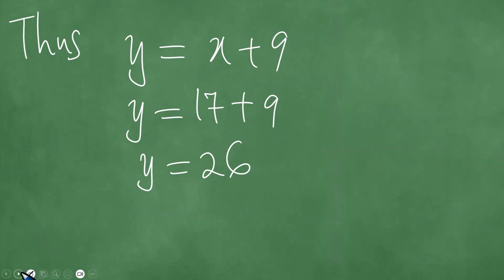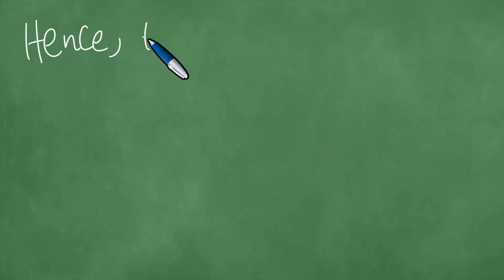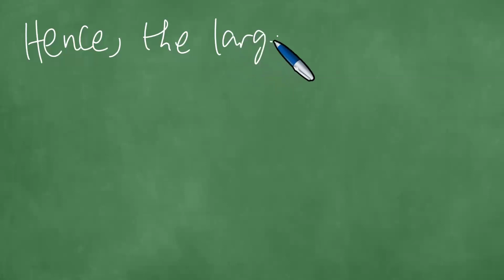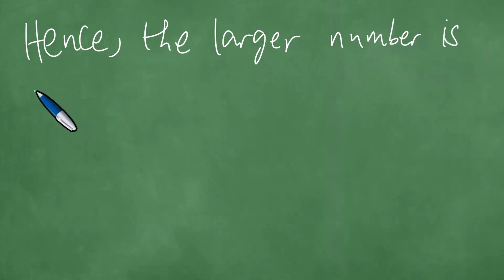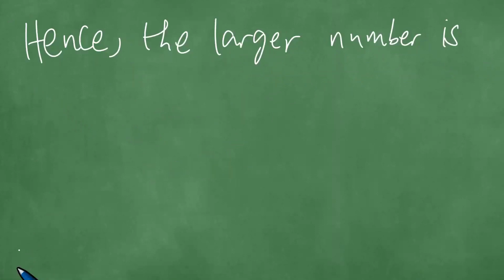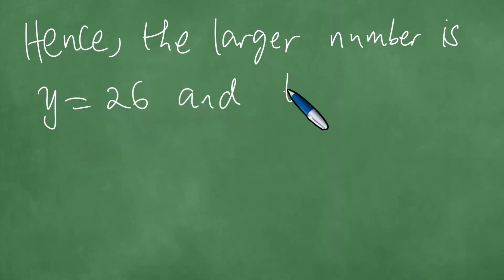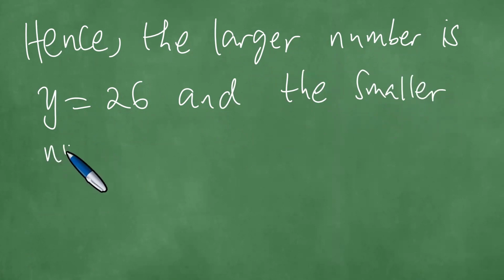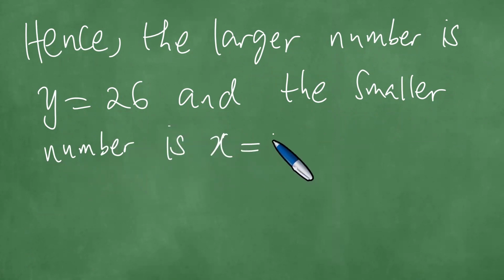Now that we have solved this question as we have done, hence the larger number is y equals 26, and the smaller number is x equals 17.